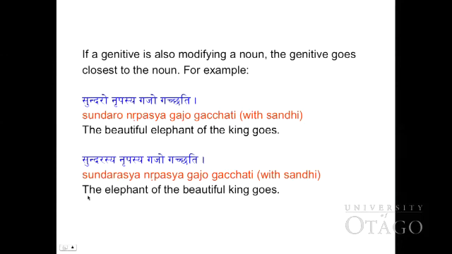So it will be the elephant of the beautiful king goes. You see the difference between these two sentences? We change the case of the adjective, and then we can know which noun the adjective modifies. First sentence, the adjective modifies gaja. Second sentence, sundara, the adjective modifies nrpa. So the translation is different.